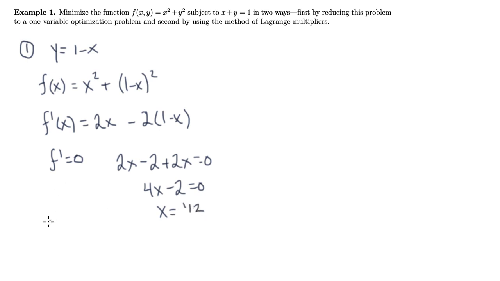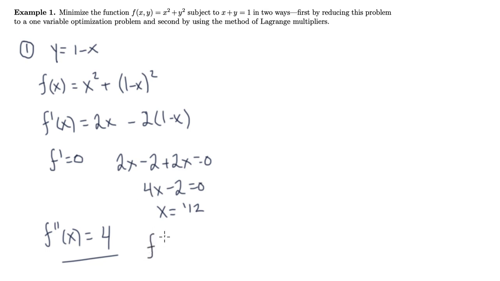And now notice that if I take the second derivative, what am I going to get? I'm just going to get 4. And so what that means is that my function is always concave up, which means there can only be one minimum. So I know that a minimum is going to occur at x equals 1/2. And so what is that minimum?